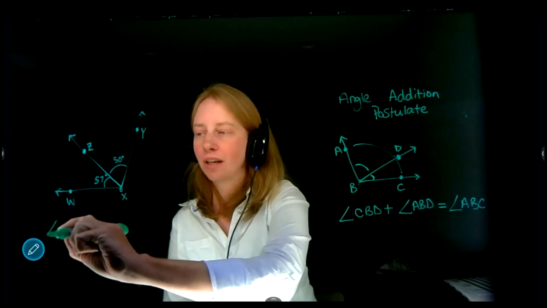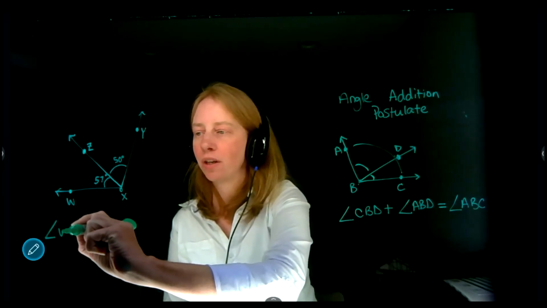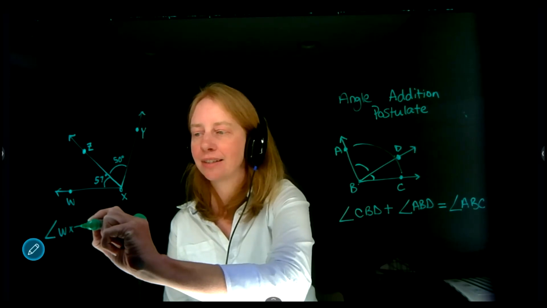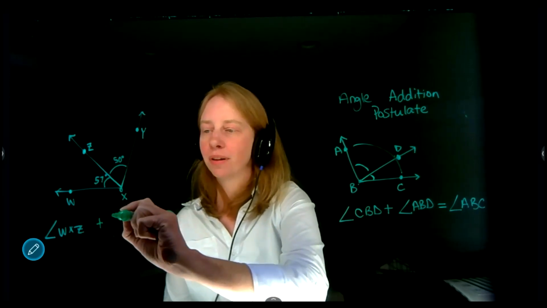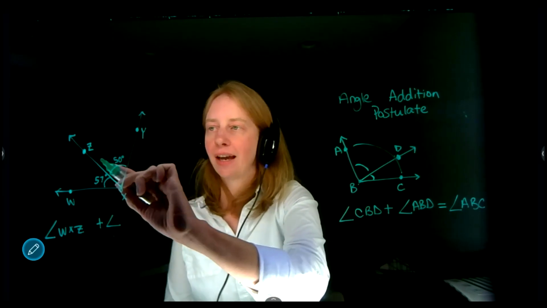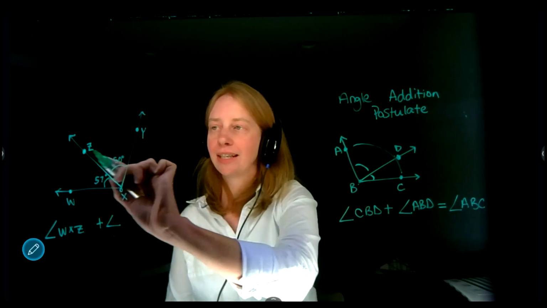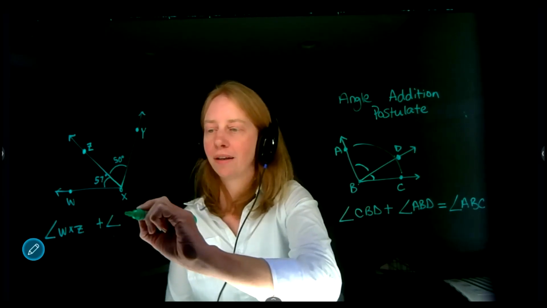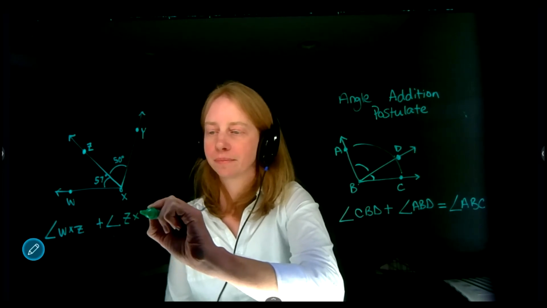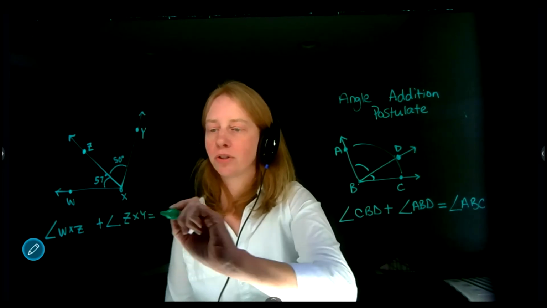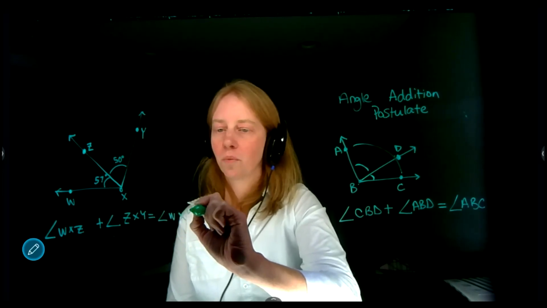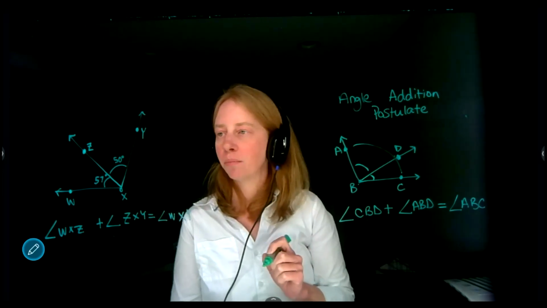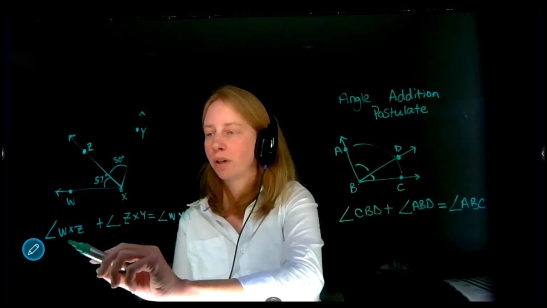So we can use the angle addition postulate. We know that angle WXZ, that's this little one right here, plus angle ZXY is equal to angle WXY. Now we're going to put in the whole thing. So we're going to replace these.